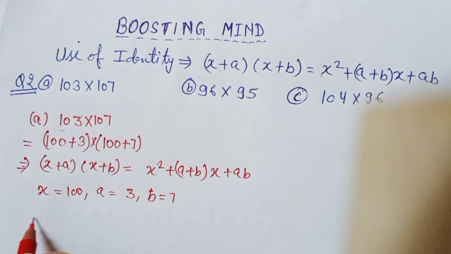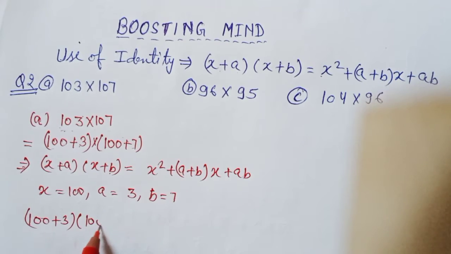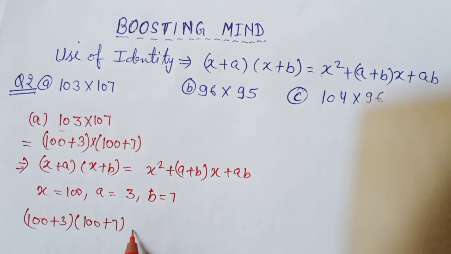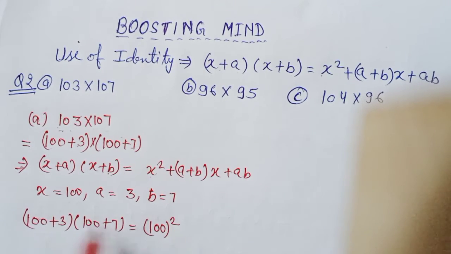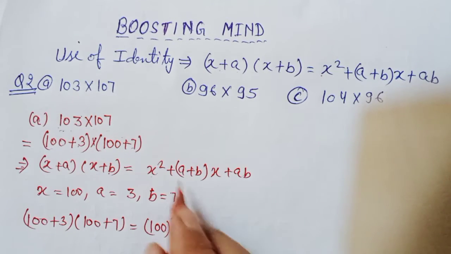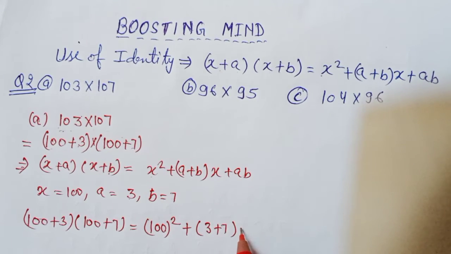Now use the formula on 100 plus 3 and 100 plus 7. I am writing the question again. x square, you have to square x, which is 100. Then bracket 3 plus 7, because here a plus b is given. So a is 3 and b is 7, 3 plus 7 into x. What is x here? x is 100.